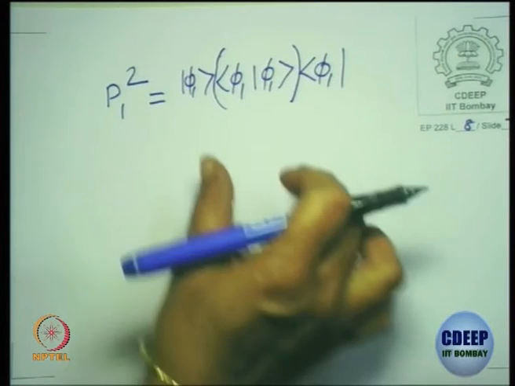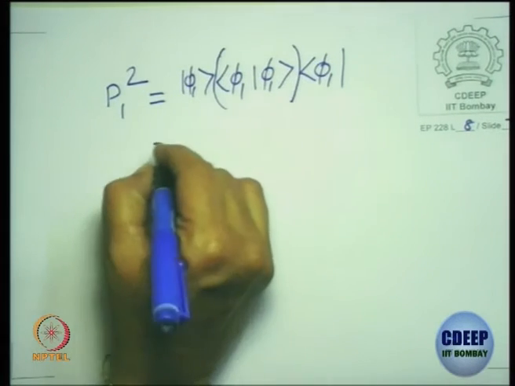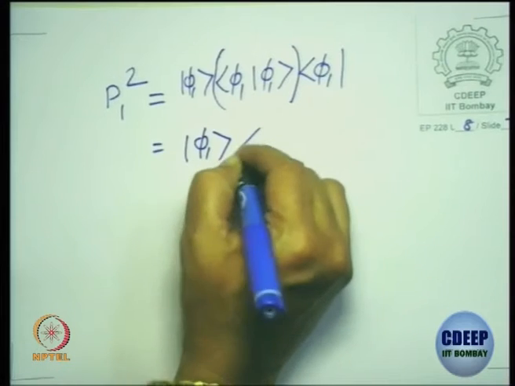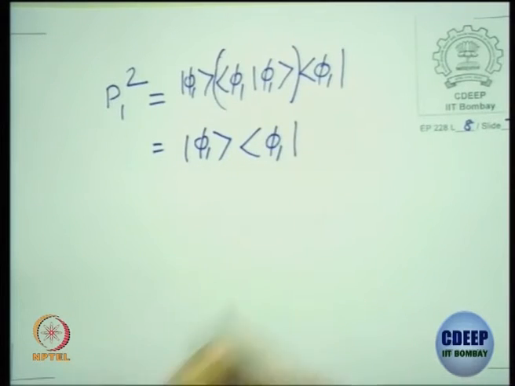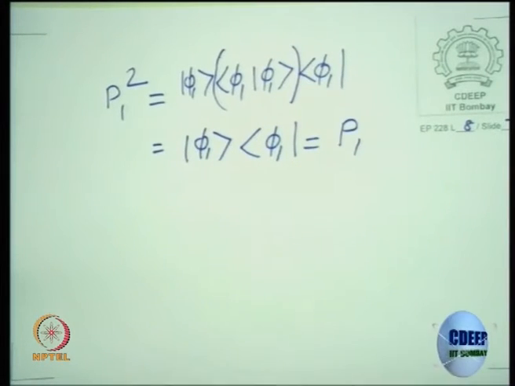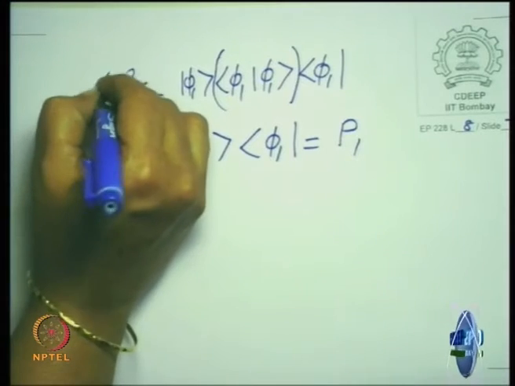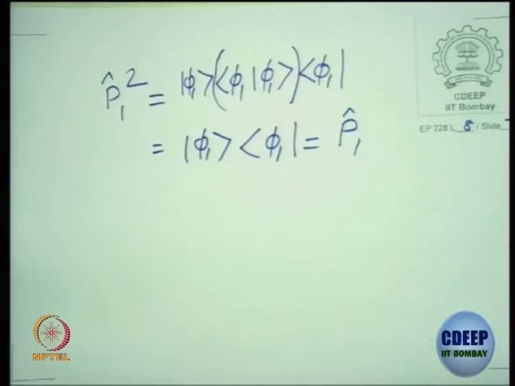So, that is 1. So, this is the same as phi 1 phi 1. That is the property of a projection operator. Sometimes I do not put the hat, but from now on you should know that when I write an outer product, it is an operator. So, this is the property of the projection operator.